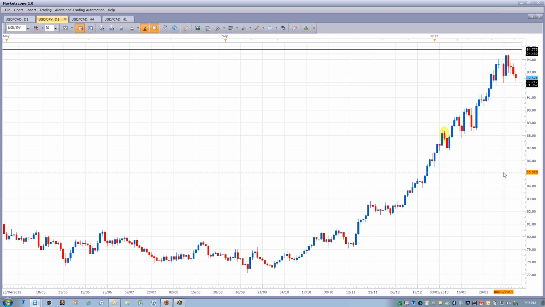Pound yen, euro yen. Pound yen, yeah. Yep. In other words, there's no difference between that pattern or within the trend compared to your dollar CAD.